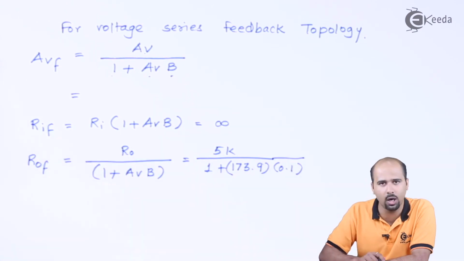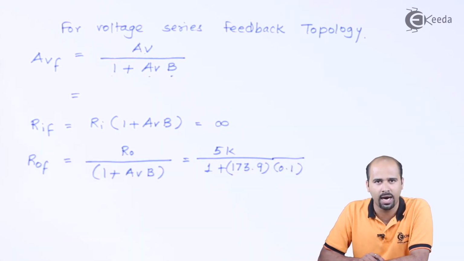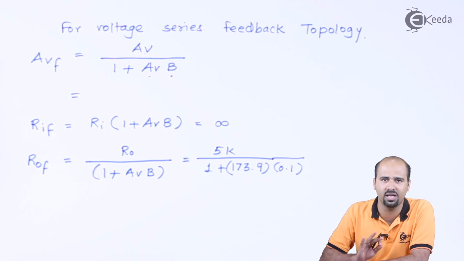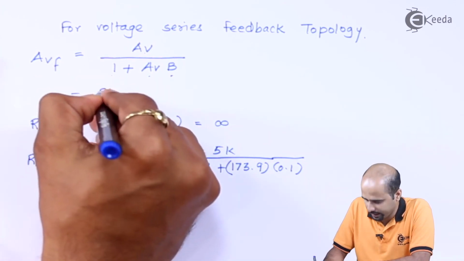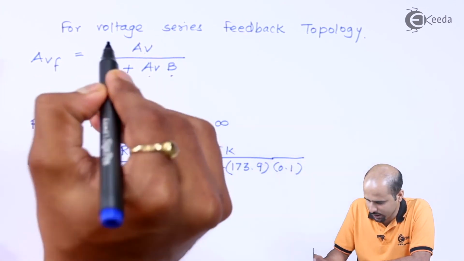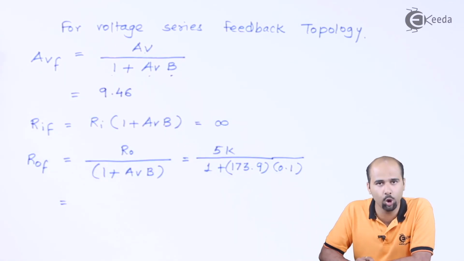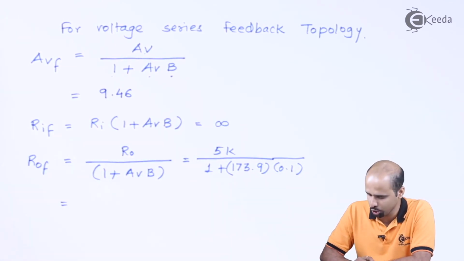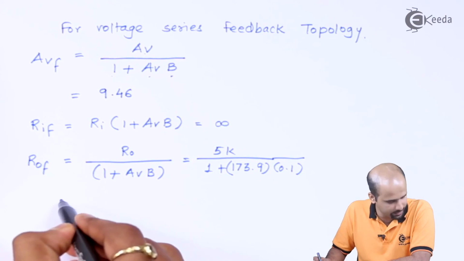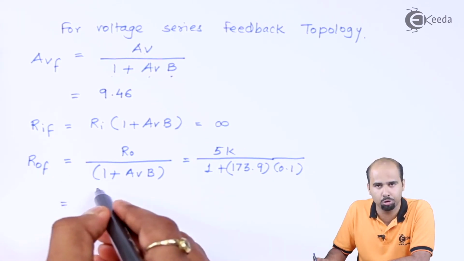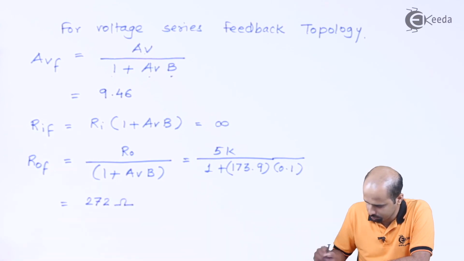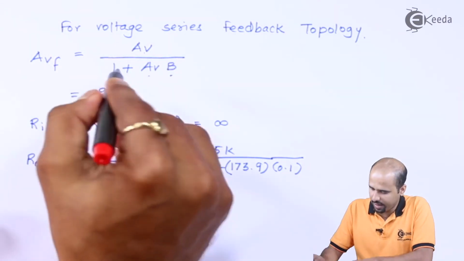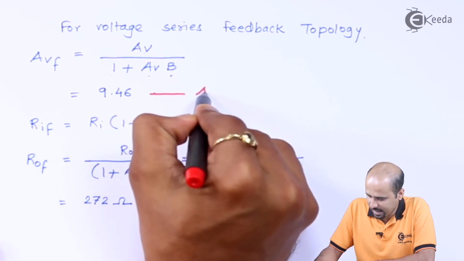Let's find out, check your calculator, and then come to me with the values of AVF and ROF, because RIF we already have as infinity. AVF we get as 9.46, no unit because it is a voltage by voltage ratio, and ROF we get as 272 ohm. These are the values expected as the answer.